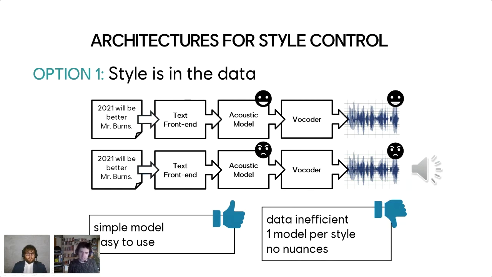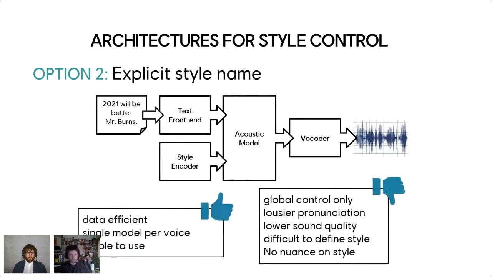So again, it's a simple idea. It's easy to use. Data inefficient. You have to record a big data set for every type of speech that you want, and you don't have control over the nuances. As I said, you can generate and hope for the best, but it's not that cool. So that's option one.